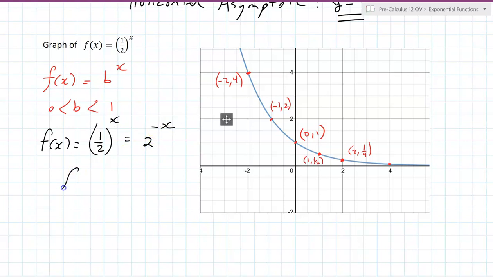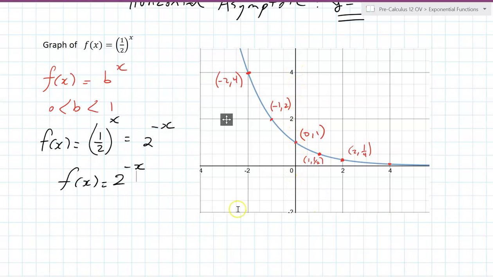Okay, so these two functions are exactly the same. All right, now during the transformation unit, what happens if you have a negative in front of the x? Well, in that case, the graph will reflect over the y-axis.